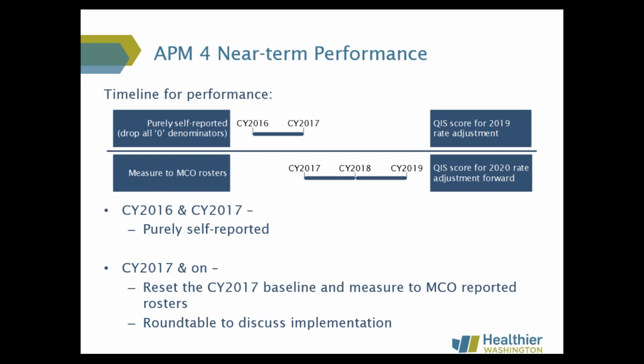But for 2017-18 and beyond, that'll impact 2020 rates going forward, we're looking to reset the baseline toward MCO reported rosters, and we'll be hosting a roundtable discussion to work through implementation questions and concerns around how we will work that out.